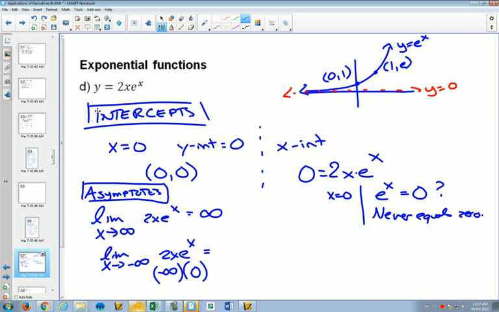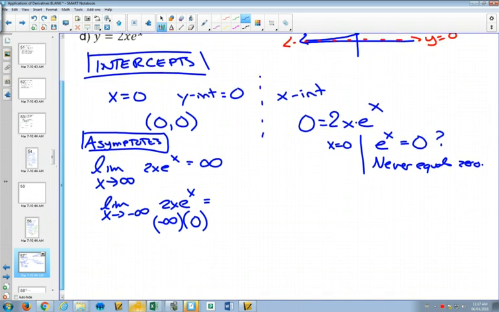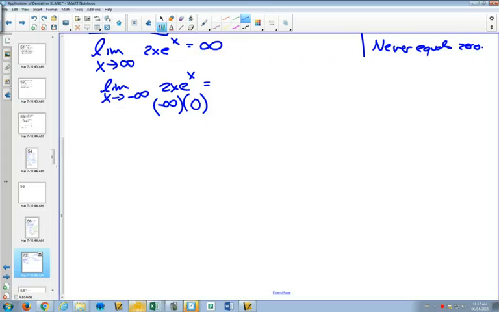There's going to be some times in mathematics when you do 0 times infinity that it's equal to infinity, and sometimes when you do 0 times infinity and it's equal to 0. We're going to find out what's going to happen in this situation with our graphing calculator after we've done a little bit more. So we're going to leave this for now, and we're going to look and find our stationary points and our inflection points.